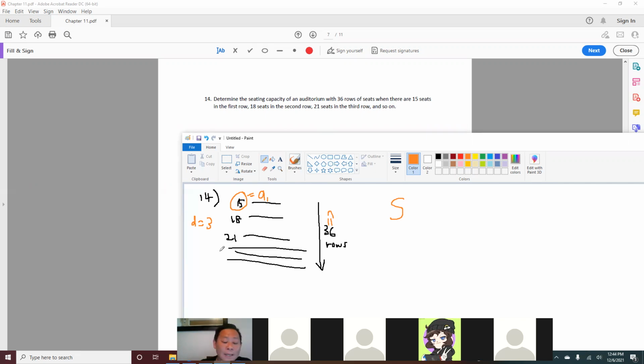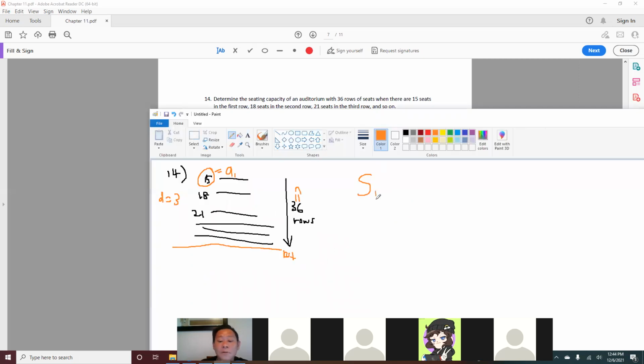So you have to figure out how many seats are there on the last row. Because if you know this, then we can use this formula. So this is your An, the last row, row 36.